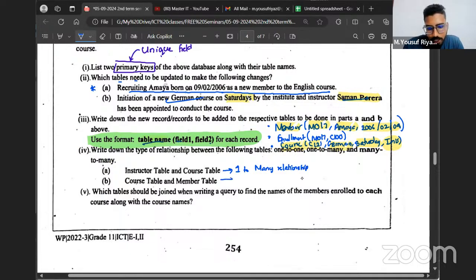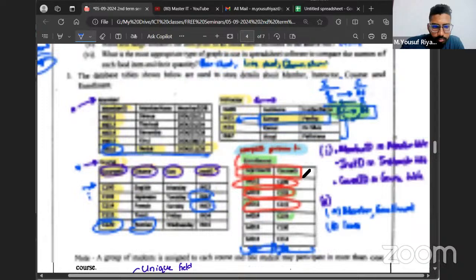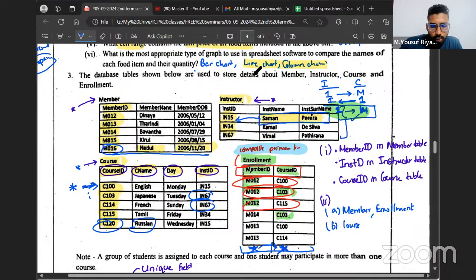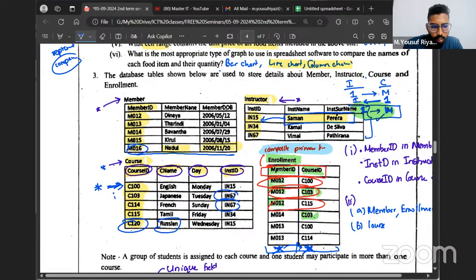Next, course table and member table. Again, the same scenario I'm going to do here as well. If you take one course, can only one student join that course or can many students join that course?